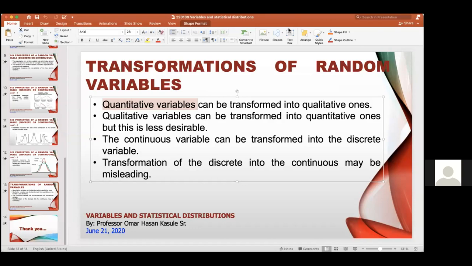Let me just summarize. Life has to do with changes. Everything changes. Your weight, your height, your wealth, your moods. In order to describe the changes, we use variables. Variables are things that describe the changes. Now, these variables may be quantitative. They have numbers.